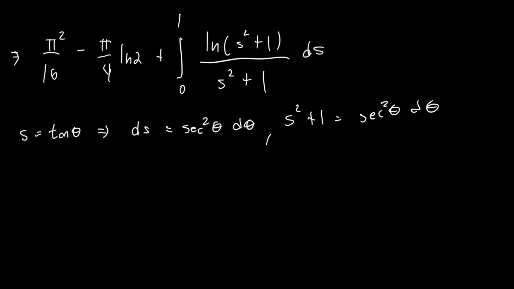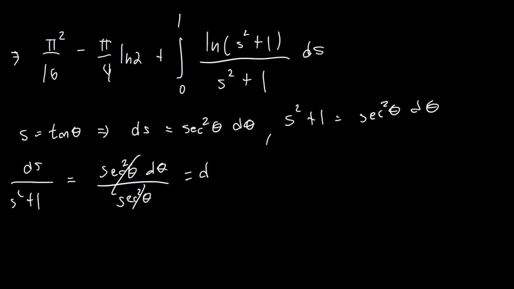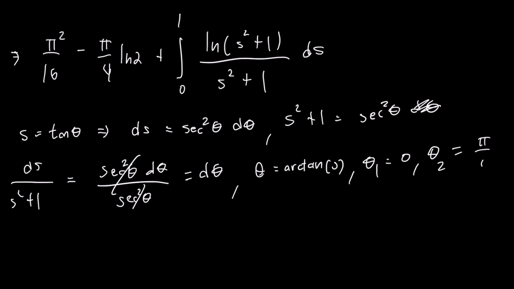Notice that ds over s squared plus 1 is equal to secant squared theta d theta over secant squared theta, which will just end up being d theta. And the bounds of integration, theta will equal arctangent of s. So theta 1 will be 0 and theta 2 will be pi over 4.